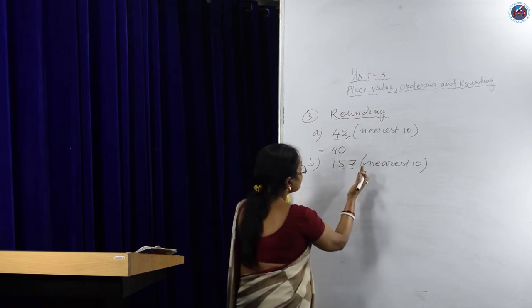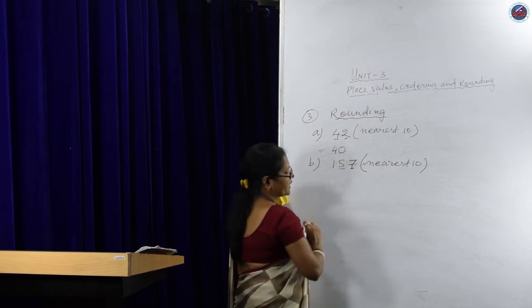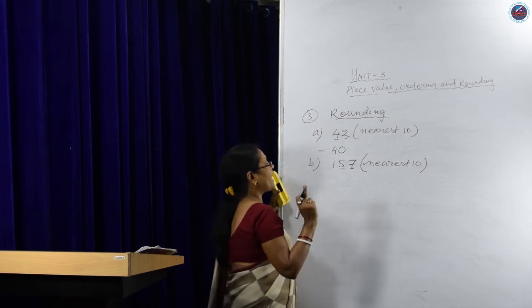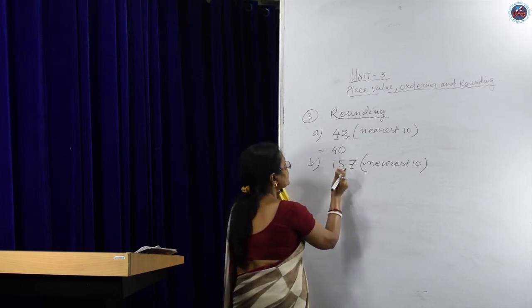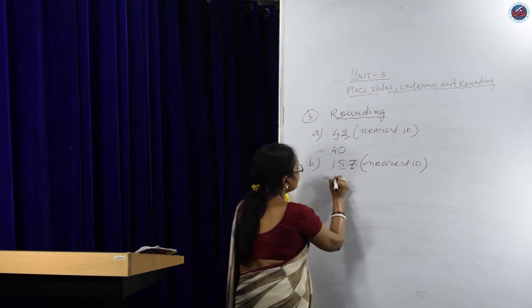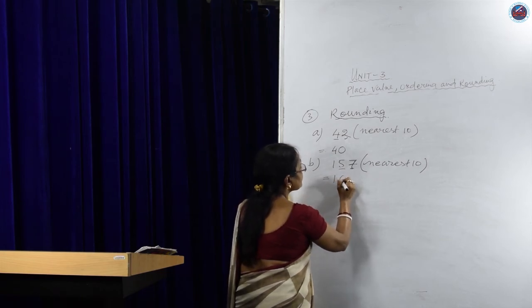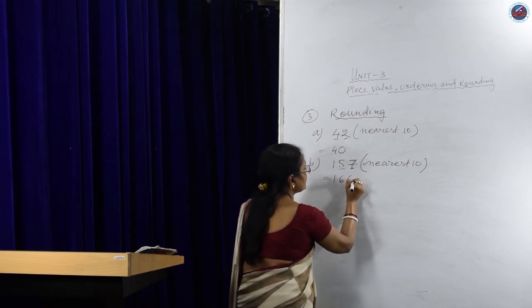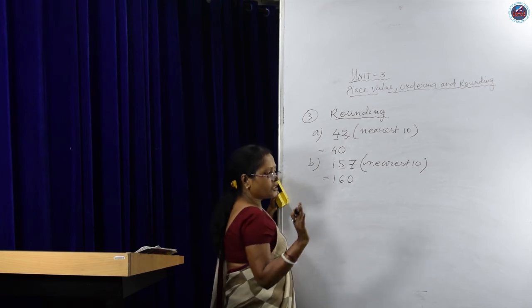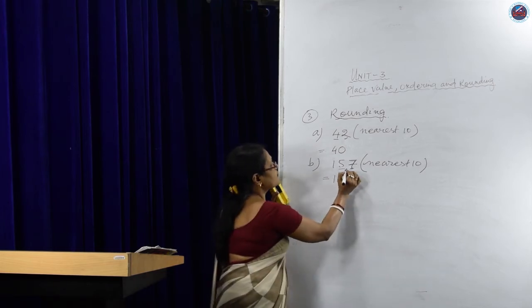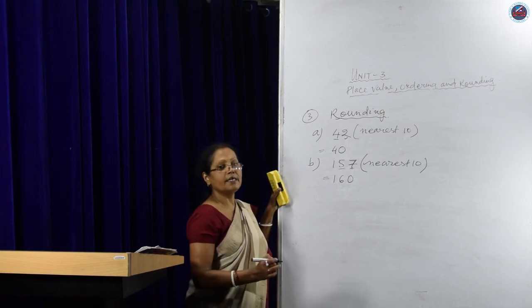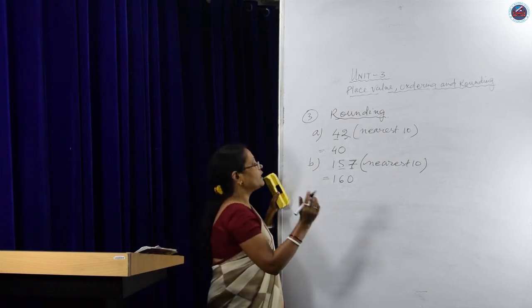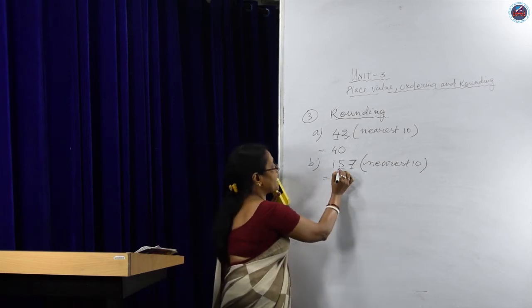So when the next digit is greater than 5, you have to add 1 to 5. Then 5 becomes 6. So how do you write it? 1, 6, and in place of 7 it will be 0. So what you have done here is, since the digit after the tens digit is greater than 5, you have to add 1 to the tens digit.